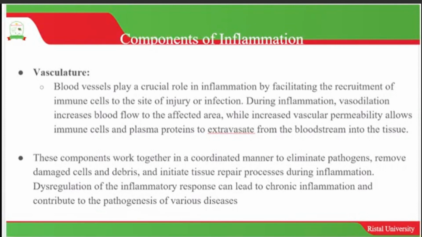And while increasing vascular permeability, it allows the immune cells and the plasma proteins to extravasate from the bloodstream to the tissue where microorganisms could be hiding, and also causes phagocytosis of these triggering factors and enhances tissue repair.